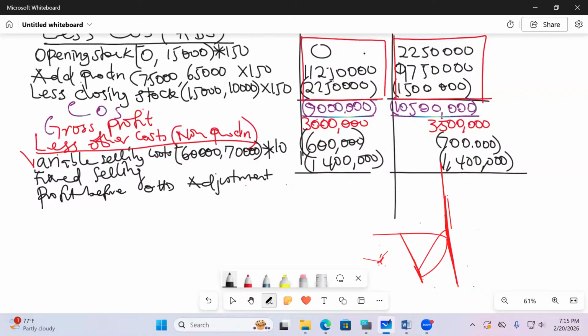Before overhead adjustment. So you have the gross profit of 3 million minus 600,000 minus 1.4 million, which gives us what figure? 1 million.